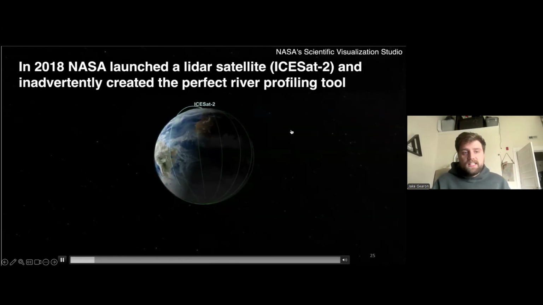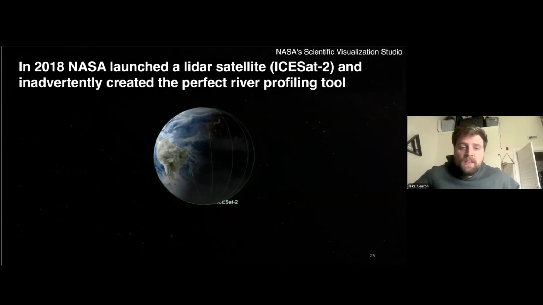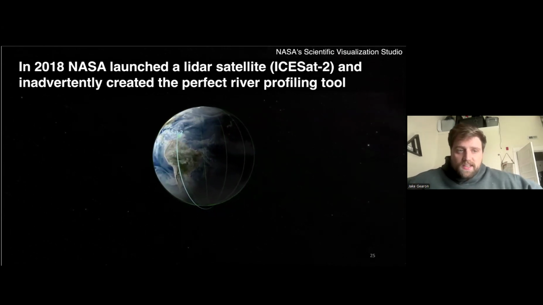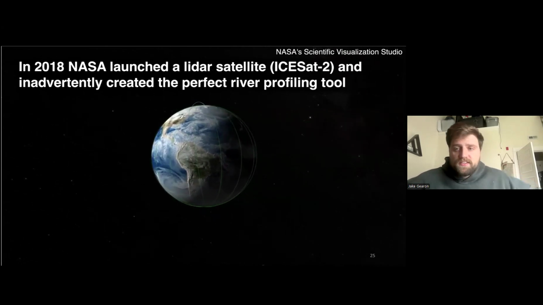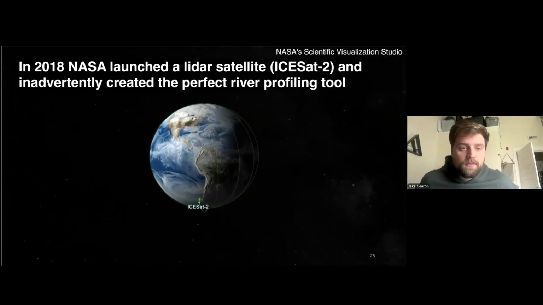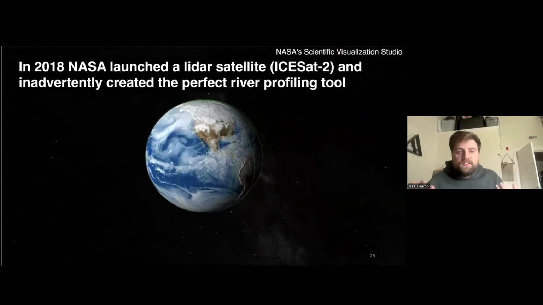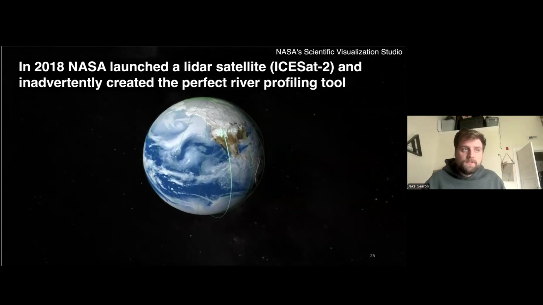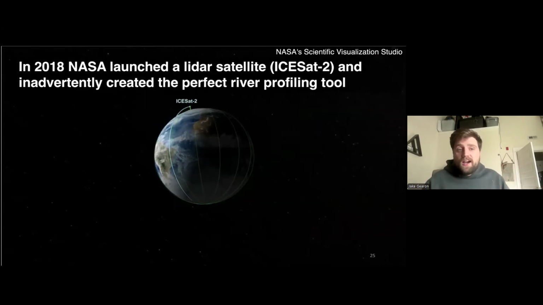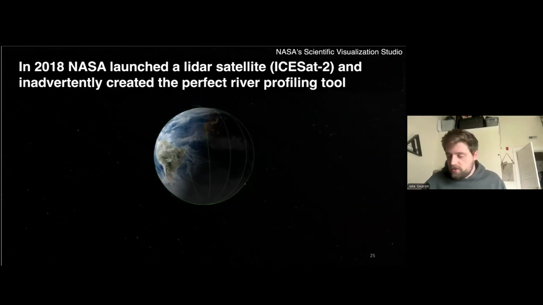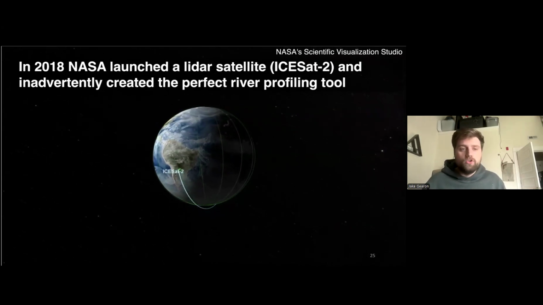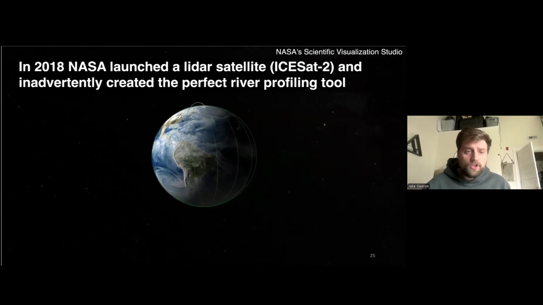And in 2018, NASA gave us this. They launched a LiDAR satellite called ICESat-2. And like I say here, they inadvertently created the perfect river profiling tool. And really what I'm talking about is that ICESat-2 was conceived to measure the ice height at the poles, trying to tell us just how much ice we're losing as a result of climate change.